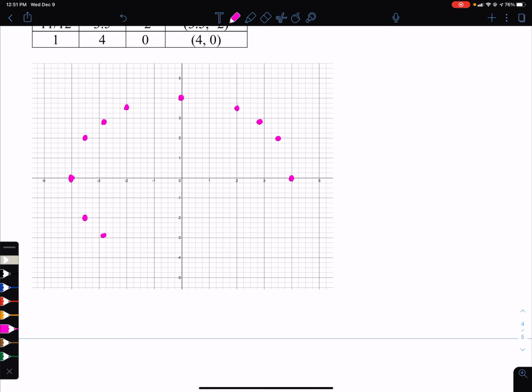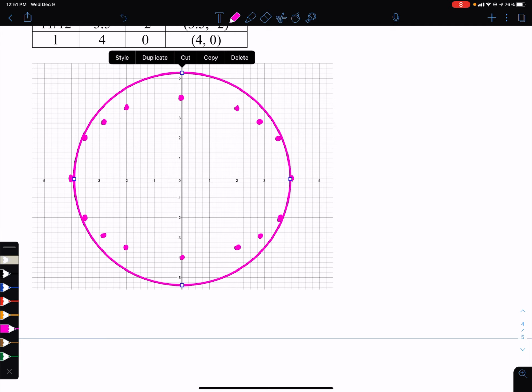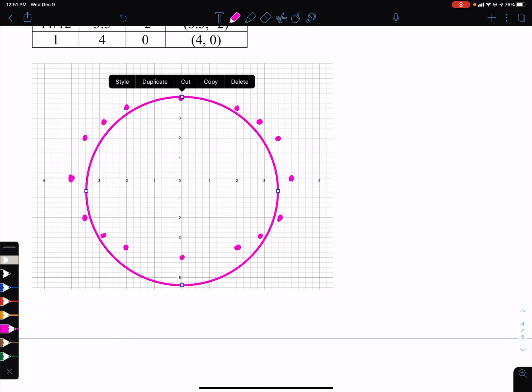And if you keep on plotting all these points, you're going to end up with something that looks like this here. My brain. Well, it's supposed to be a circle. Watch this, I think it'll do it for me. Oh! I know why it's not a circle.